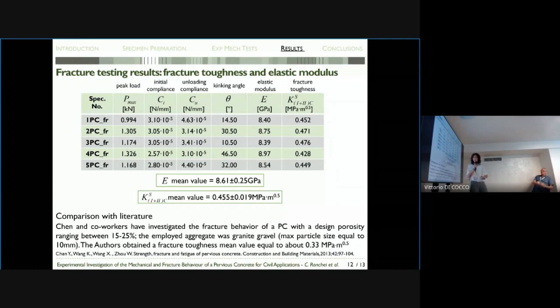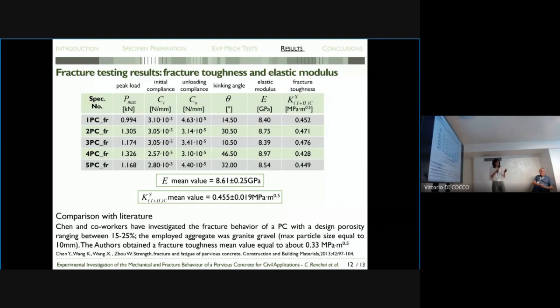According to the knowledge of the present authors, research available in the literature related to the fracture behavior of PC is very limited. The present results are compared with those obtained by Chen and co-workers, who have investigated the fracture behavior of a PC with a design porosity ranging between 15 and 25%.